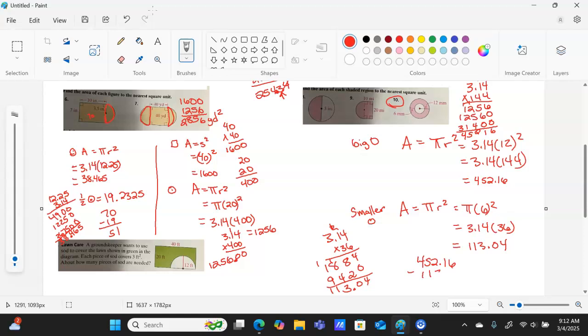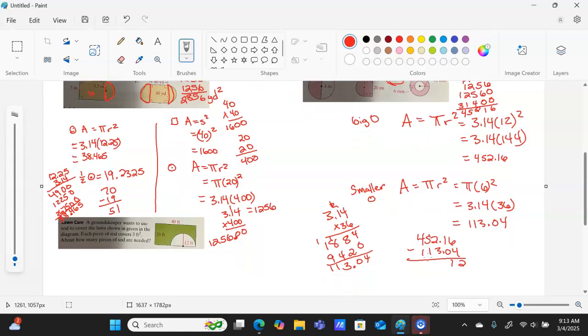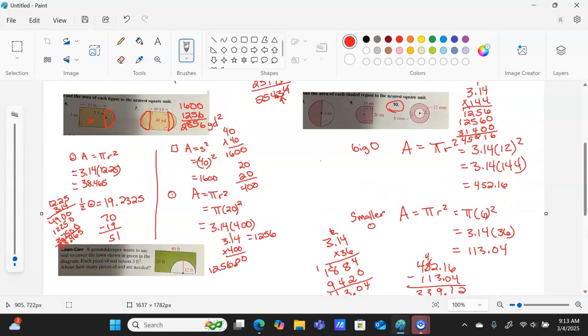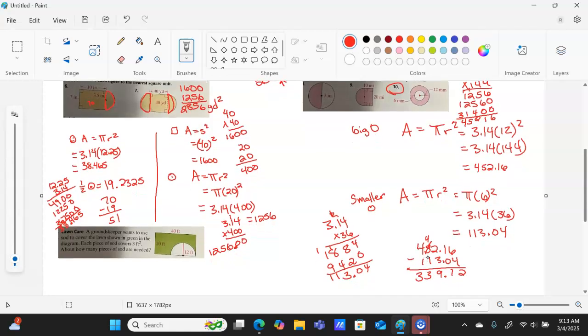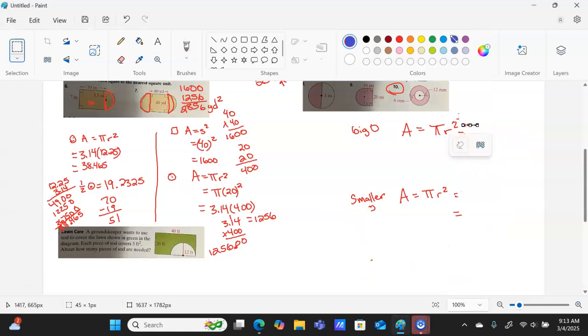And so I need to take my 452.16 minus 113.04. That would be 9, 3, 3, and we get 339.12. To the nearest square unit, it would be 339. Another way that you could have done this one, leave your pi in until the very end. So pi times 12 squared is 144 pi.